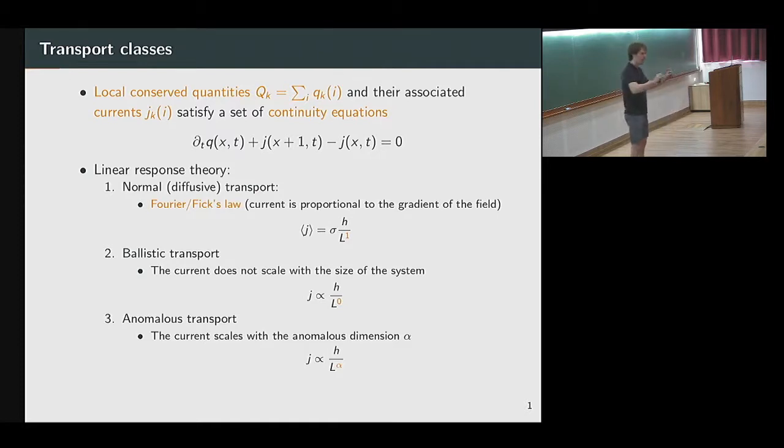If we go back and consider our system with the leads, this tells us that if we keep the difference of potentials on the two sides constant and increase the system size, the current will decay proportionally to 1 over the system size.